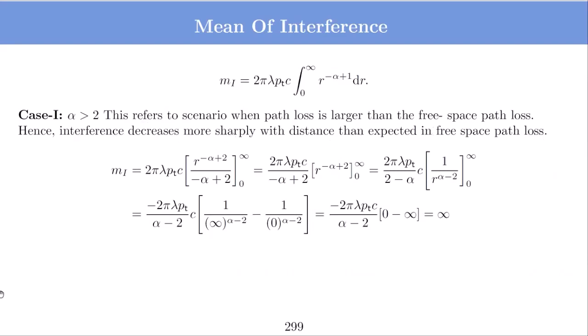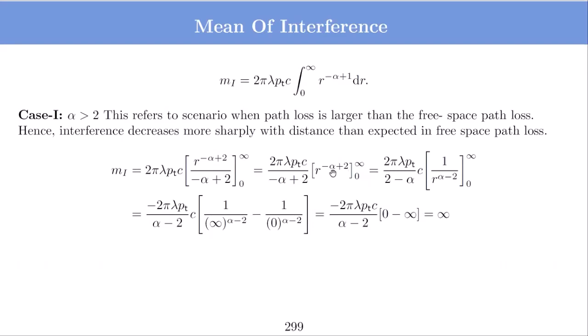And if I compute for this, because alpha is more than 2, minus alpha plus 1 is going to be negative, and this will give you r to the power of minus alpha plus 2 divided by minus alpha plus 2.